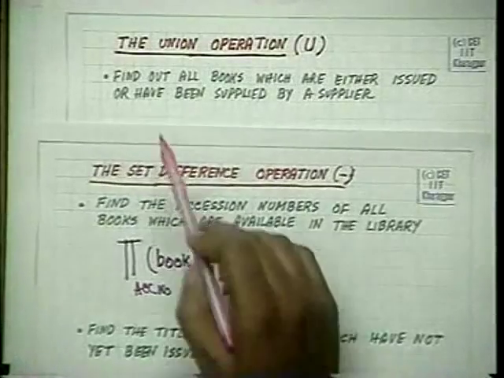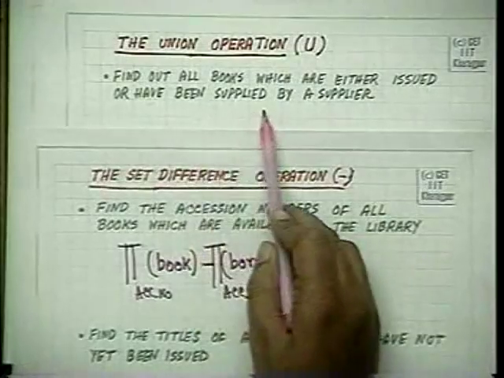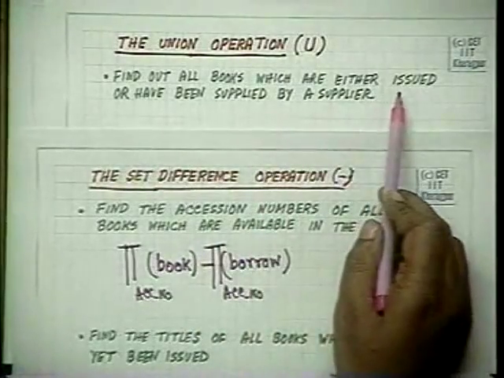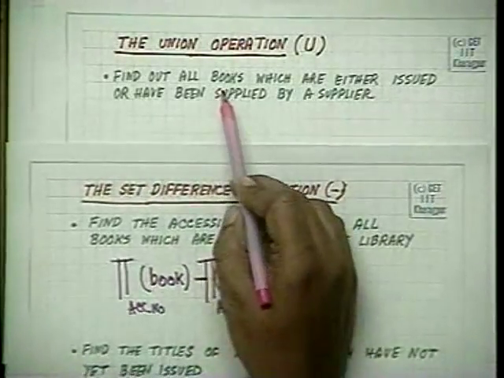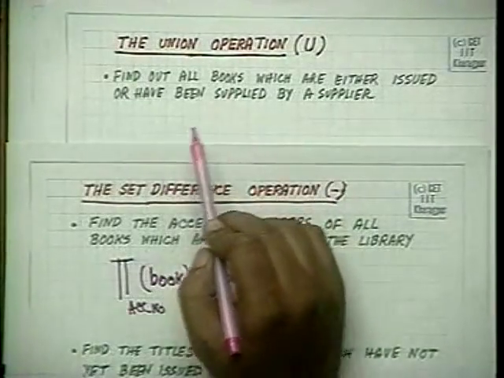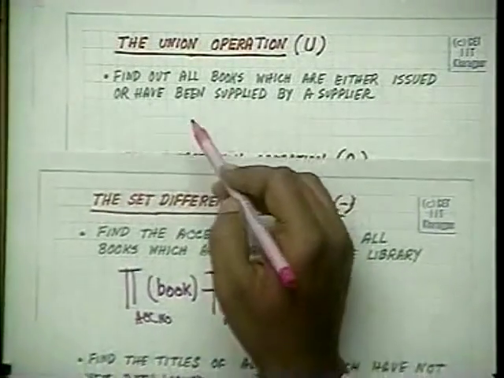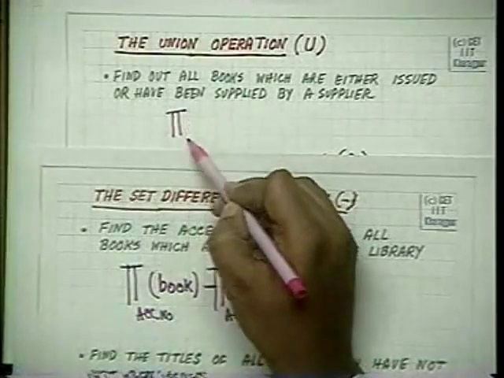Similarly, we have got the union operation. Find out all books which have been either supplied or which have been issued. Now here again we have to make the attributes common. To make the attributes common, again we will do a projection.